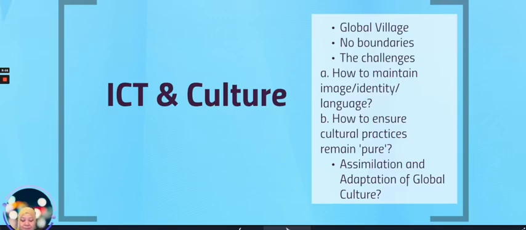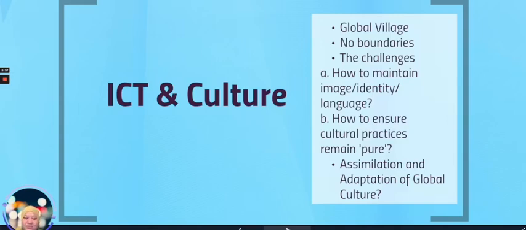For example, maybe at home, you used to have your own bedroom without sharing with anybody, but at UPNM, you have to share with at least 2 or 3 other friends. So these two critical concepts, assimilation and adaptation, are, I would say, the product of global village.